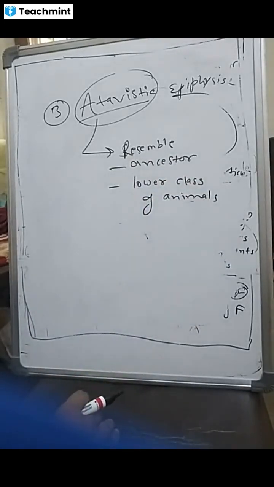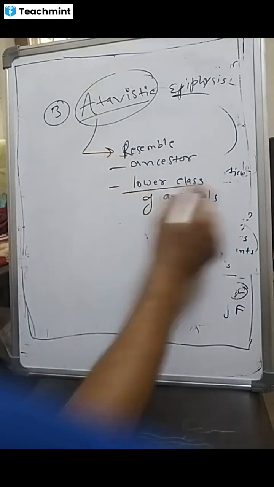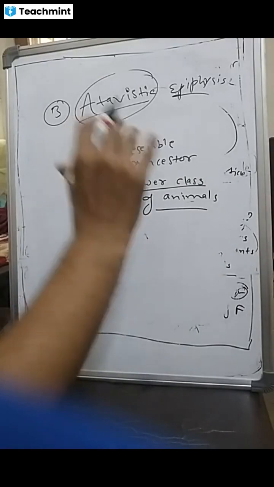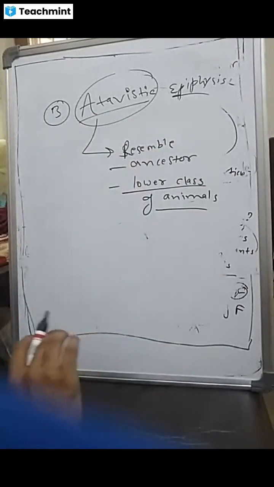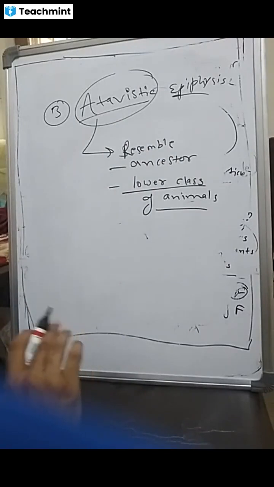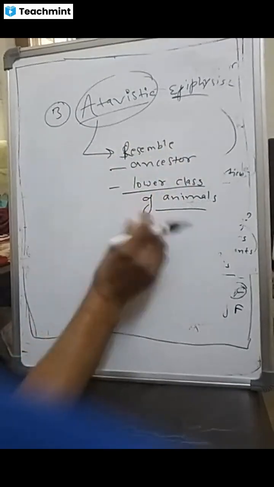It means something which is fully present in animals, but in the case of human beings or domestic animals, only a remnant is present.